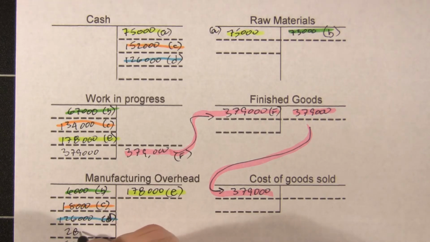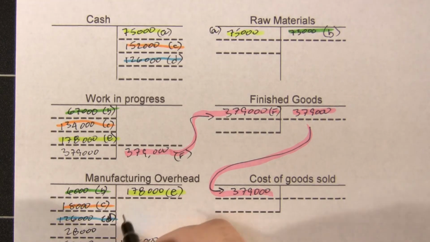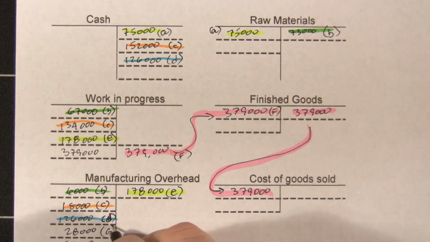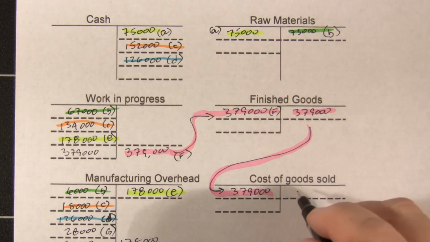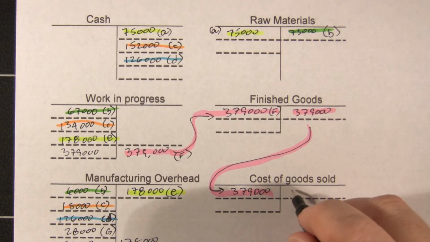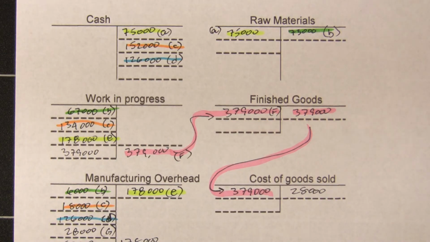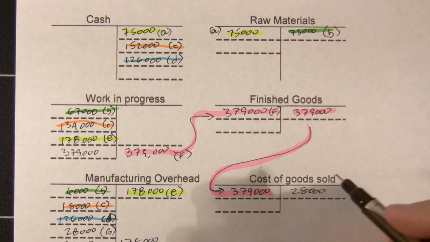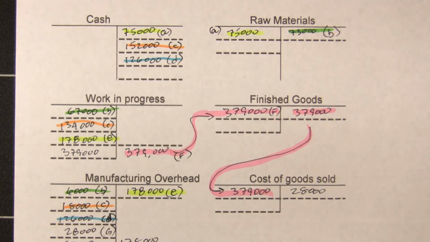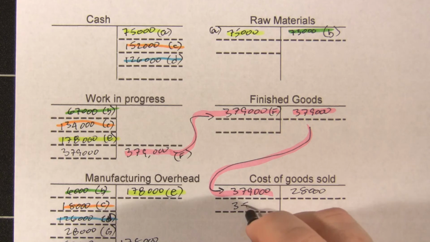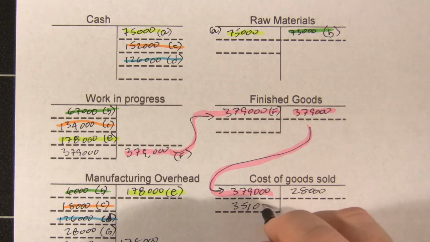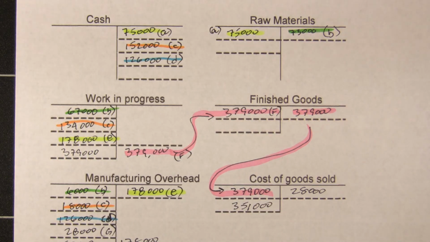So 28,000, and this is transaction G, there, and 28,000 over here, okay? So yes, we're actually crediting the cost of goods sold. We're making the cost of goods sold go down, and the finished cost of goods for this period was $351,000.